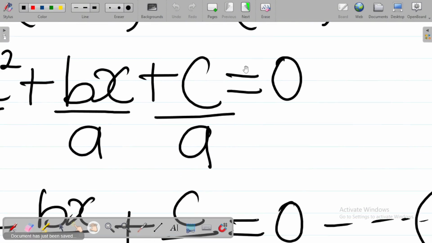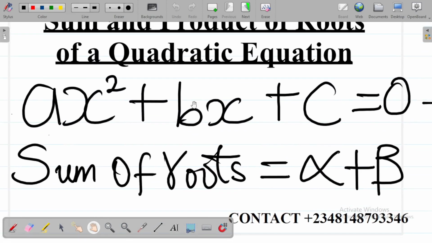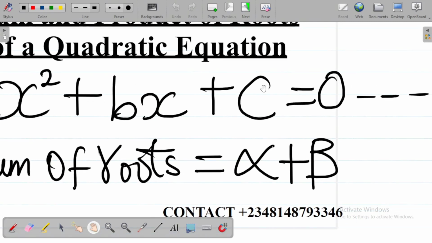Now let me remind you something. Judging from the standard form of a quadratic equation, we have that ax^2 + bx + c = 0. Now note that a is the coefficient of x squared, b is the coefficient of x, and c is the constant term here.